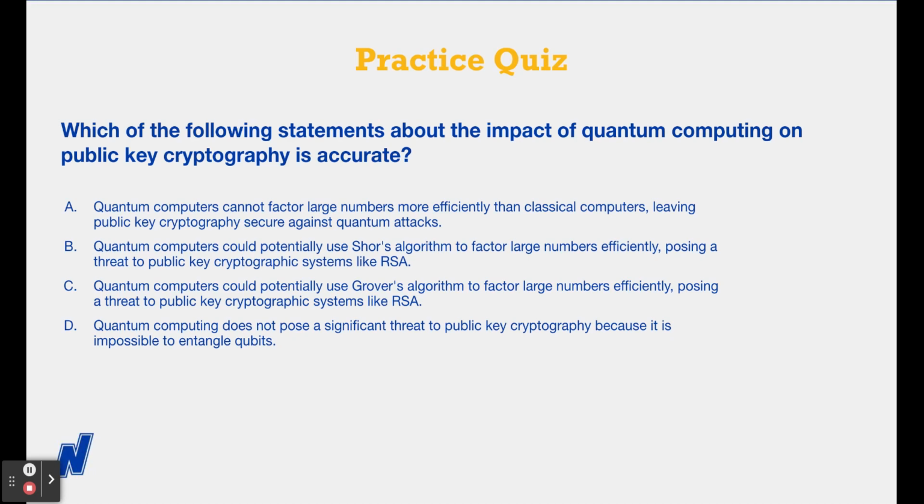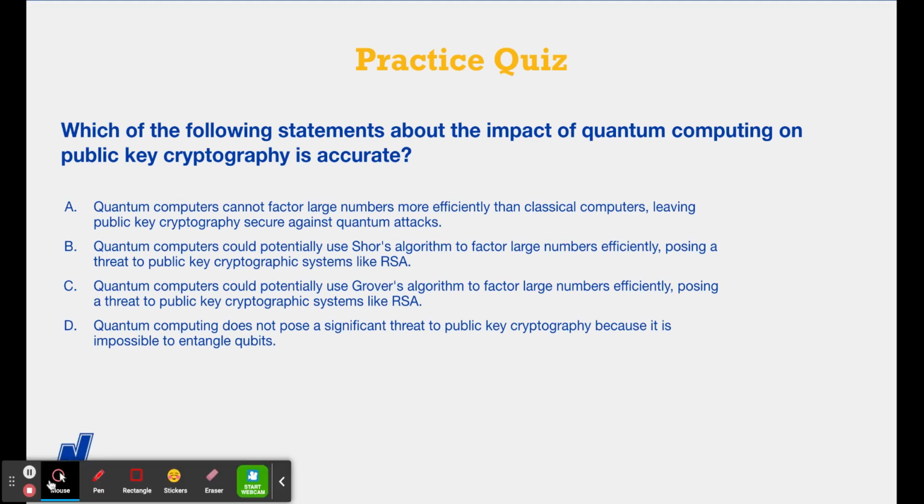So Shor's algorithm, if run on a sufficiently powerful quantum computer, could factor these large numbers efficiently, breaking RSA at similar sizes. So for this one, quantum computers could potentially use Shor's algorithm to factor large prime numbers.